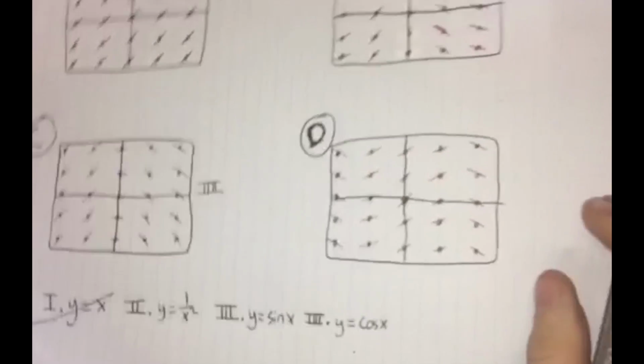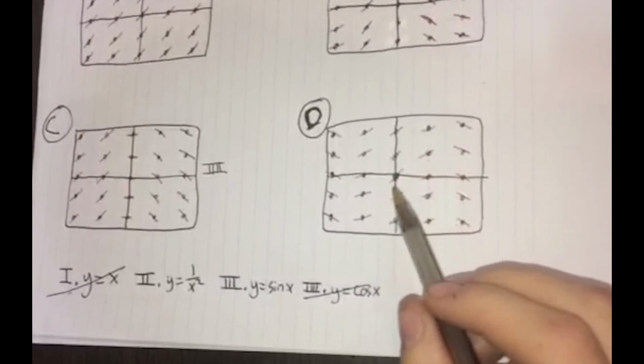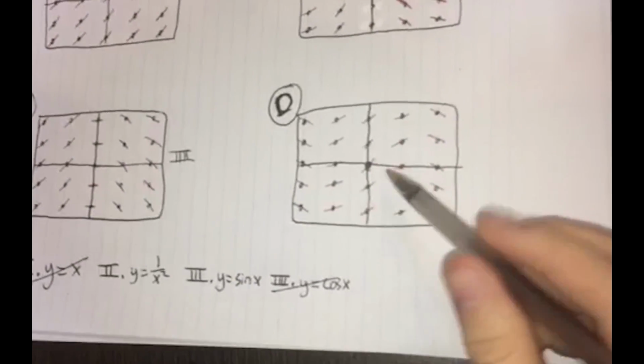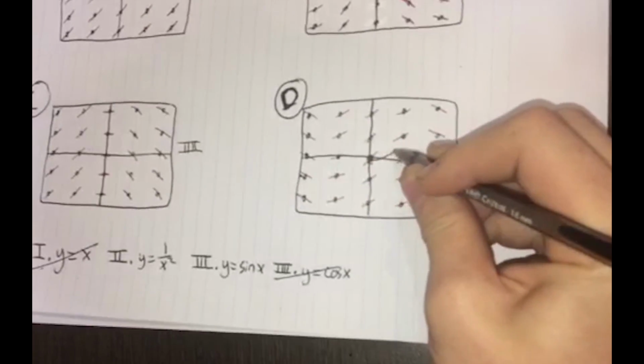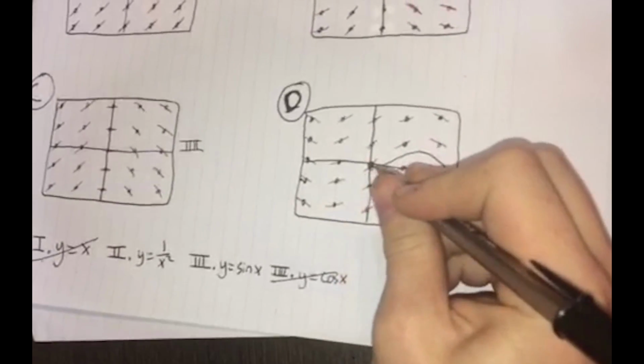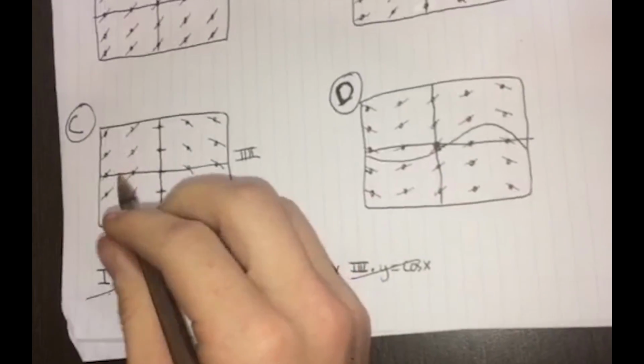All right, crossed off. D, we know sine starts at 0, which this graph does, and we know it goes up and then down. And same thing this way, which looks like a sine graph. And let me fill in these for you. I forgot to do these.